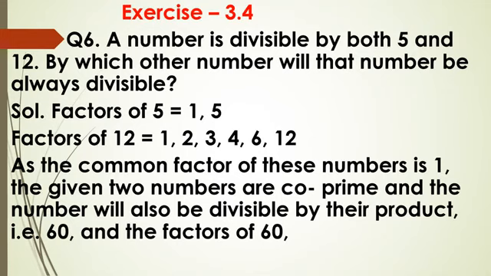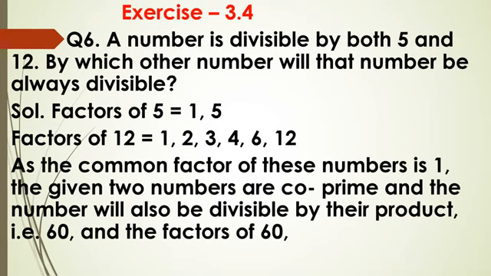And this is one of the divisibility rules, beta, that if a number is divisible by two co-prime numbers, then it is also divisible by their product. That means the number is divisible by 5 multiplied by 12, that is 60, also.